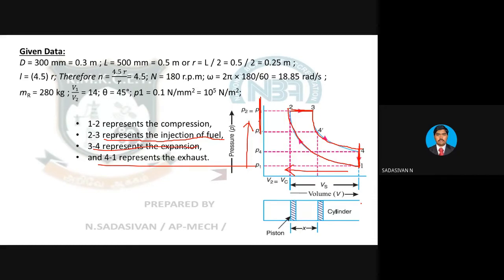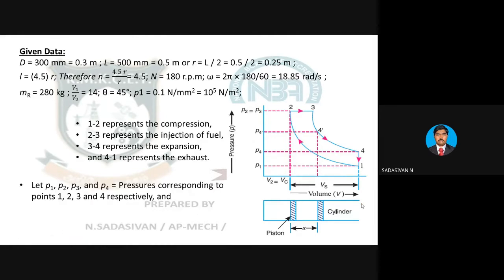With this, I am going to look into this problem and find out the various pressures and so on. Then we are going to solve for the piston load, FL, with P1, A1, P2, A2. That's what we are going to find out from this diagram. Let P1, P2, P3, P4 be the pressures corresponding to points 1, 2, 3, 4. Very simple, right?